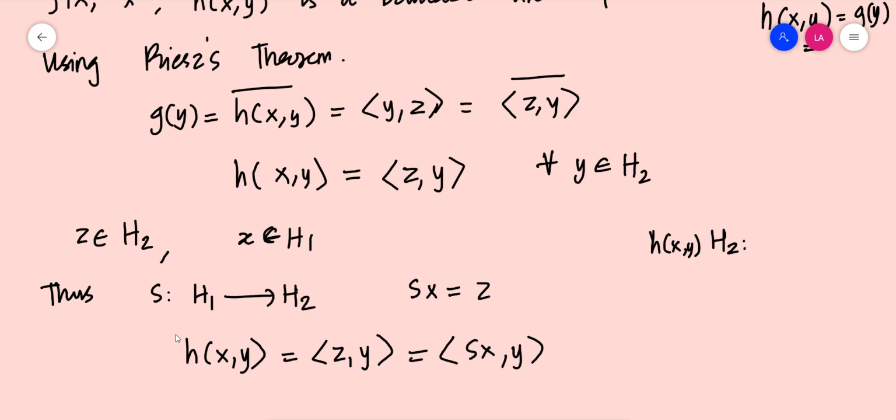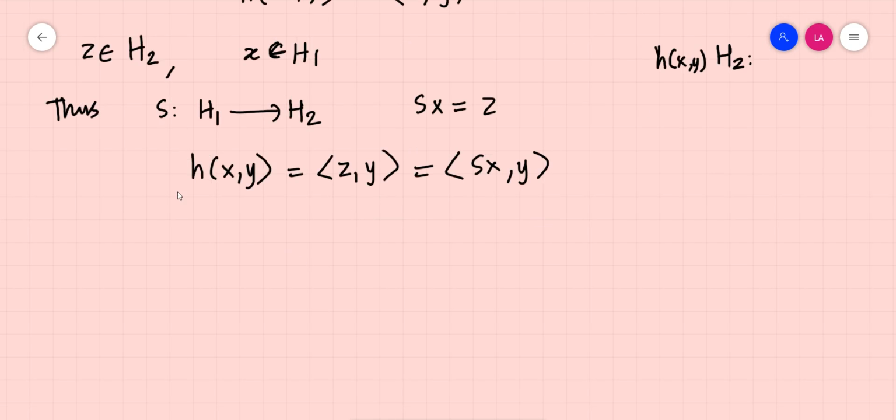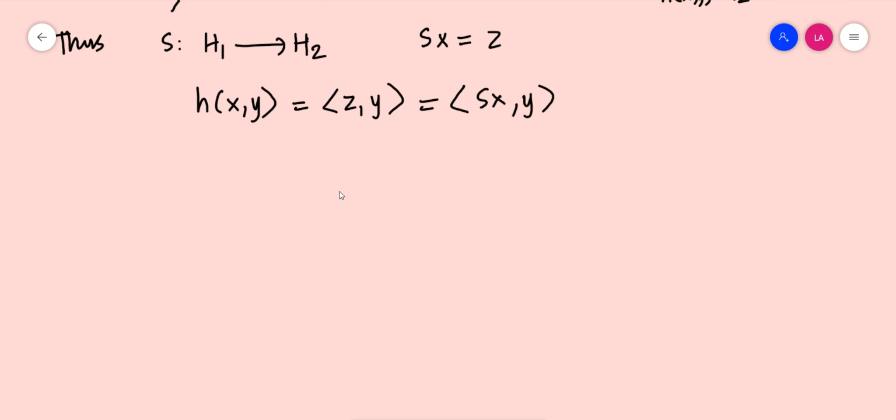Now we have to prove that h is a bounded linear operator. That's what we have to prove. So we have obtained the form of h. h should be of the form inner product Sx, y, where S is a function from H1 onto H2. Now we have to prove that S is a linear, bounded linear operator. If that happens, we have successfully established the result.